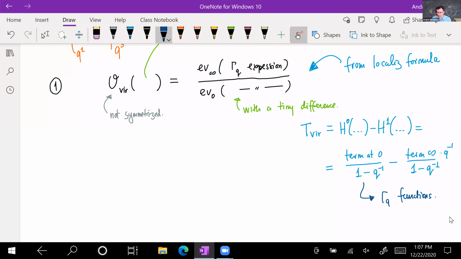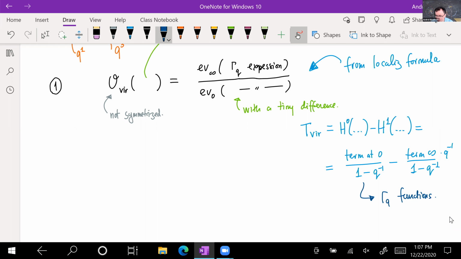So if I want to write the weight of some configuration, this is written in terms of you pull back some gamma function expression from infinity, you pull back some gamma function expression from 0, and you take the ratio, because that just comes from the fact that O virtual comes from the virtual tangent space.